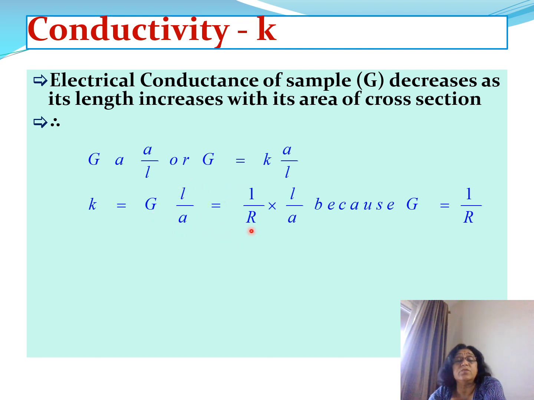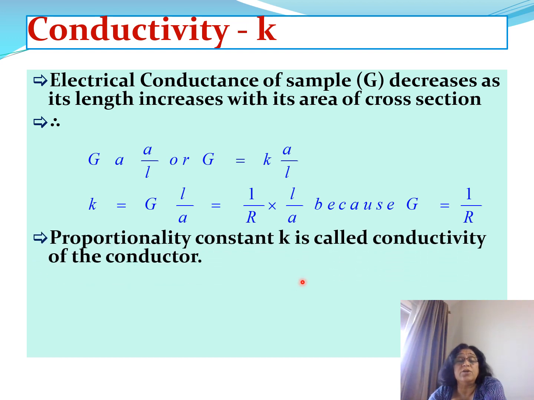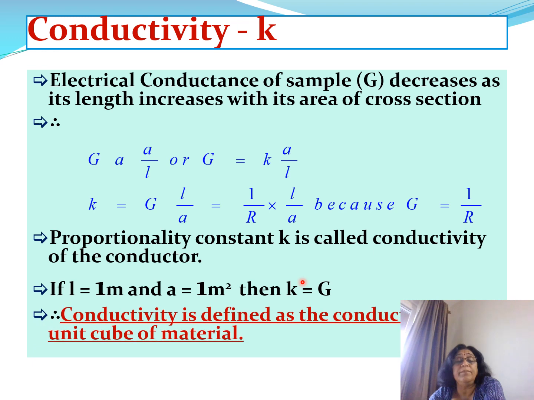G can also be written as 1 by R, and K is 1 by R into L upon A, because G is equal to 1 upon R. The proportionality constant K is also called the conductivity of the conductor. If L is equal to 1 and A is equal to 1 meter square, K is equal to G. So conductivity is defined as the conductance of a unit cube of material.